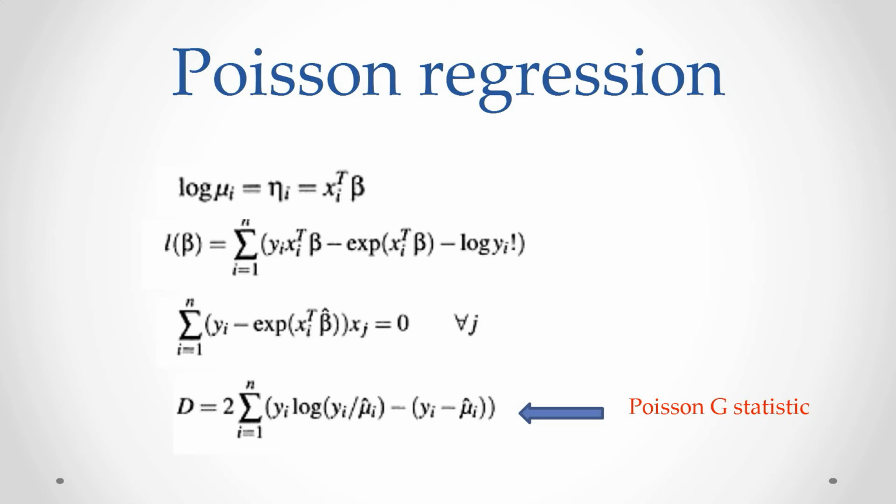To get a measure of goodness of fit, we can construct the deviance statistic, which we know is given by D equal to twice summation i equals 1 to n of yi log of yi by mu i hat minus yi minus mu i hat. The Poisson deviance statistic is also known as the G statistic in the literature.